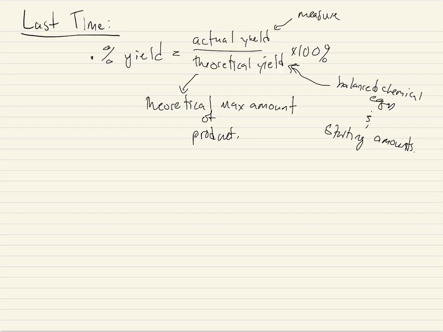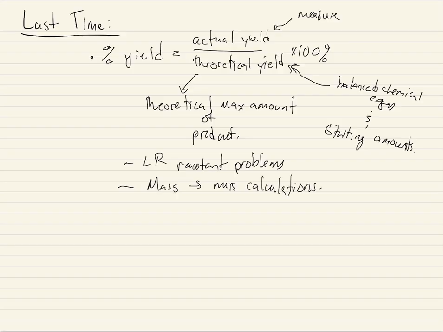And so the theoretical yield was related to, just as a reminder, limiting reactant problems, which was the time before last, and also related to mass to mass calculations, right?